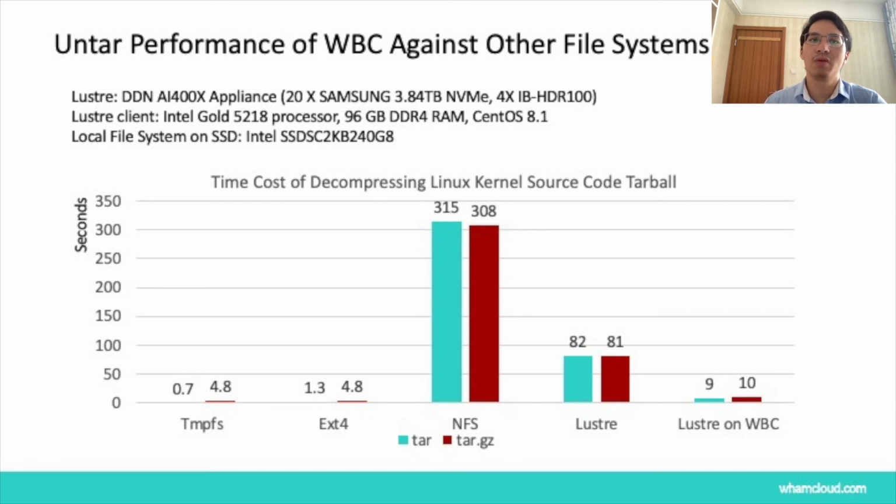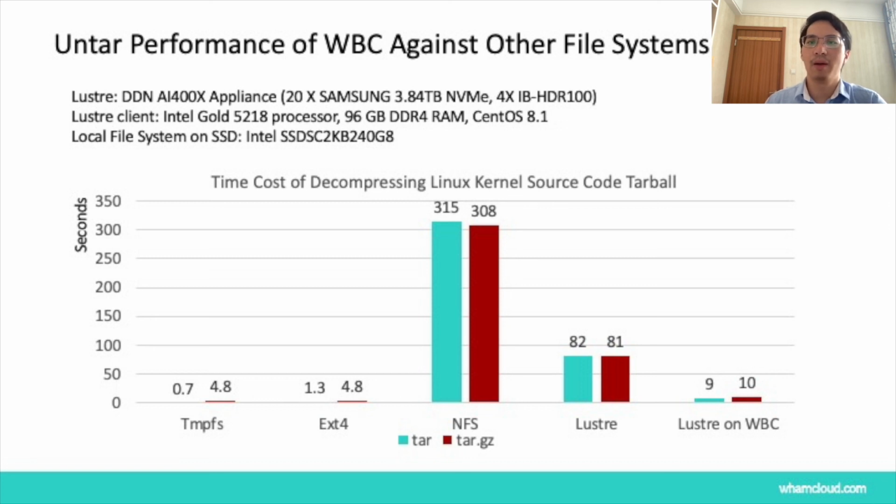One benchmark that we run is decompressing the Linux kernel source code tarball. And as we can see from this diagram, compared to tmpfs and ext4, the decompressing speed on Lustre without writeback cache is not super optimal.